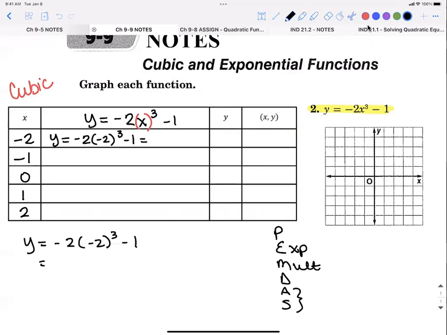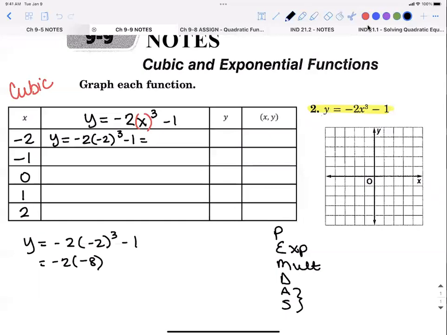Okay. So we have -2 times. I'm going to ignore that for right now, and I'm just going to cube -2. And cubing -2, be very careful here. It is such a common mistake to do -2 times 3. It's not. It's -2 times -2 times -2. That's -8. Good. Because it's a negative base and my exponent is odd, I know I'm going to have that odd man out.